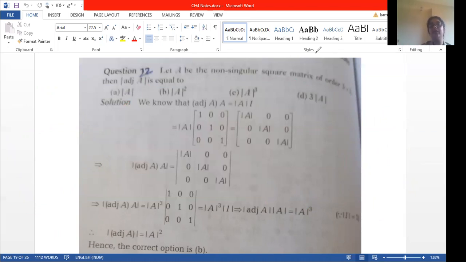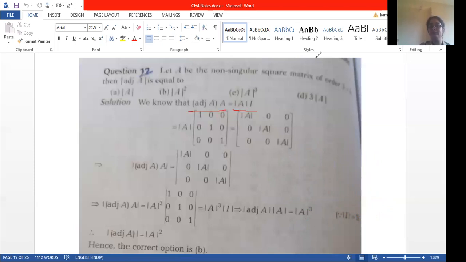We know that adjoint of A into A is determinant of A into I. If you remember, it was the first question we proved: adjoint of A into A is equal to A into adjoint of A is equal to determinant of A times I n, where n is the order of matrix A. Whatever the order of matrix A is, that will be the order of this identity matrix. So we proved this, and we will use it in a question. If you don't remember, just go back.